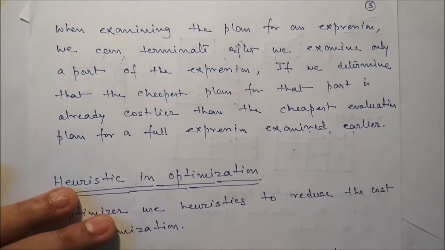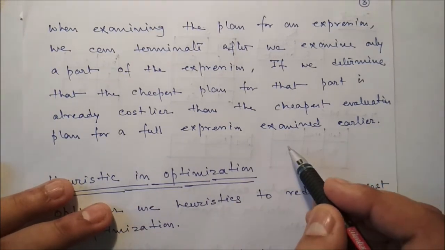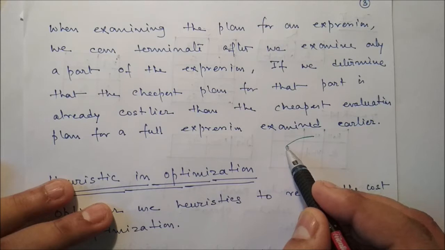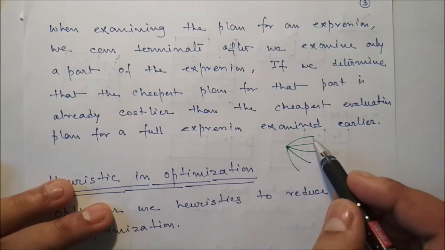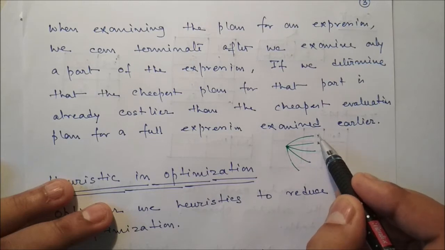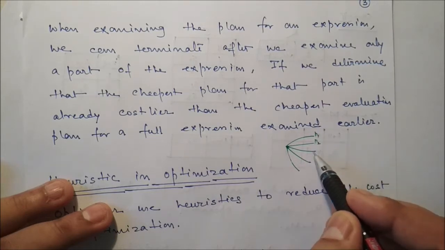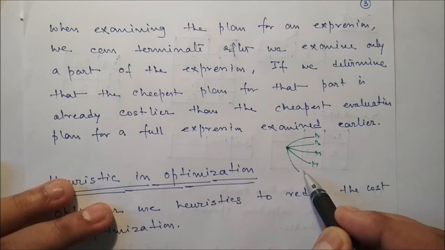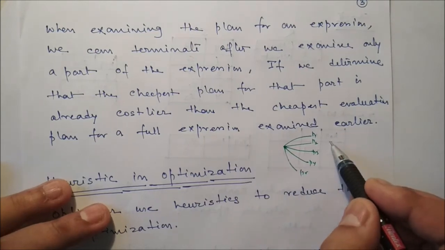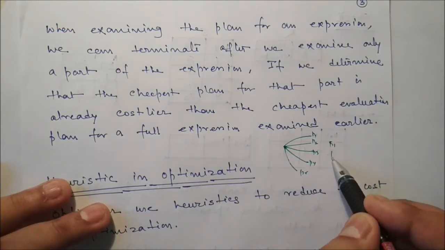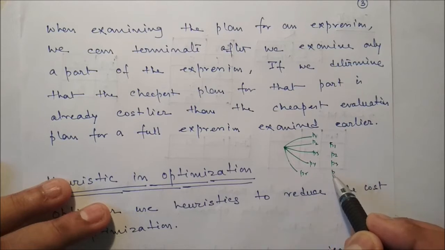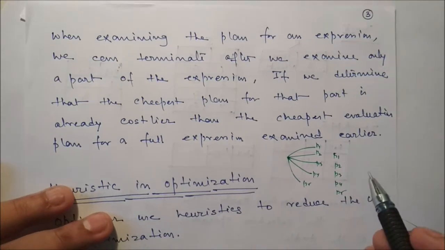So in cost based optimization, what we have seen is that our goal is to identify each and every possible combination. How many total operations are there? Let's say plan 1, plan 2, plan 3, plan 4, plan 5 are there.